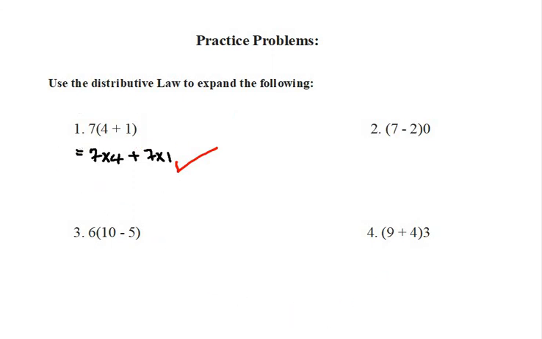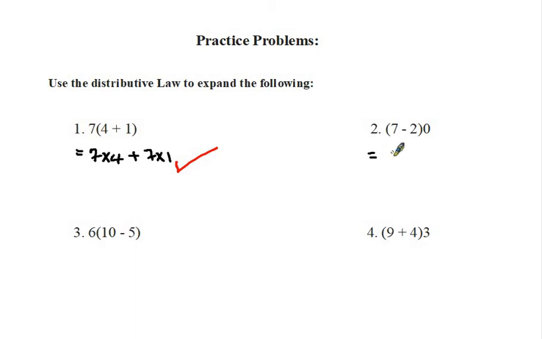Blake, number 2 for you. Hold on. What would be the teacher in this case? What represents the teacher? 0. All right, 0. Good. And what represents the students? The 7 and the 2. Good.